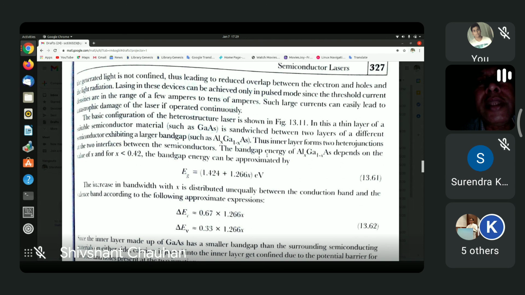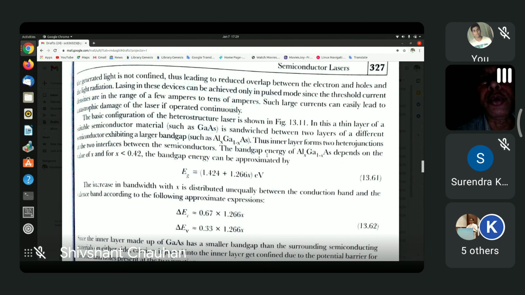On the other hand, if you have pure aluminium arsenide, then x is 1 and the band gap is something like 2.7. So the band gap can be varied widely. By changing x, you can vary the band gap from 1.424 to roughly 2.7 eV. That's a huge range of variation.